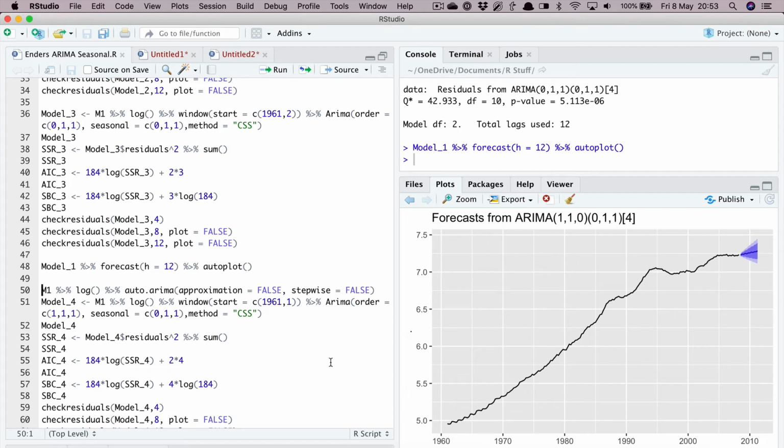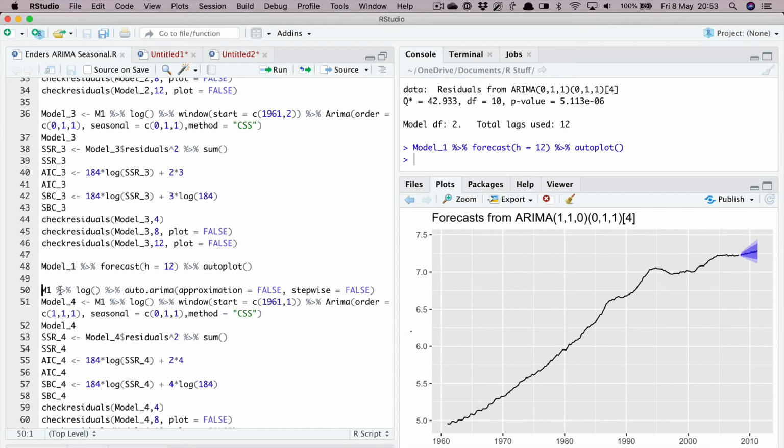Now, you could, of course, as I mentioned in the previous video, use the auto.arima function in the forecast package to automate this process and hopefully find the best model very, very quickly by letting the package do all the work. So I've done that here.